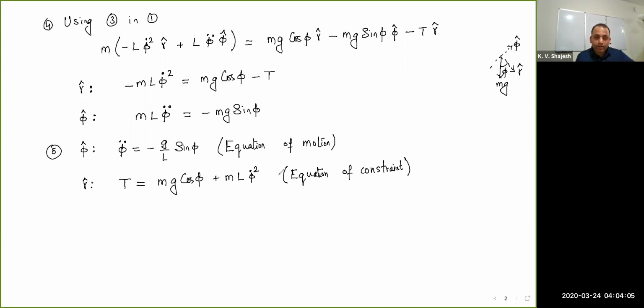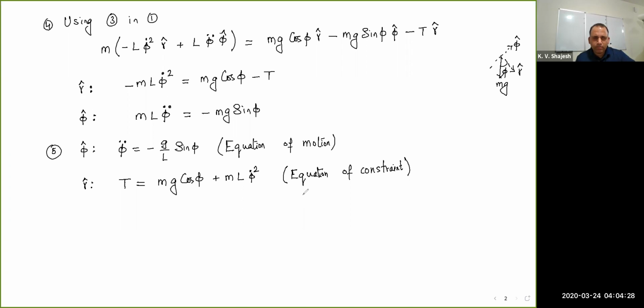And as we have seen, we will try to highlight that in the generic Euler-Lagrange way of proceeding, we only get the equation of motion. The equation of constraint, even though used in the relation, doesn't show up in the form we have written, or the force of tension doesn't show up immediately in the Lagrangian formalism.